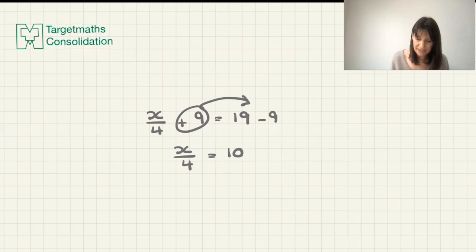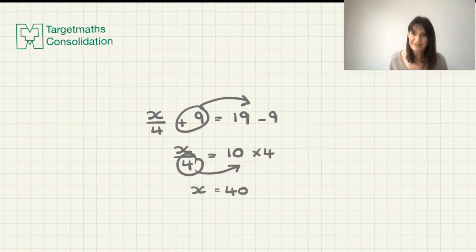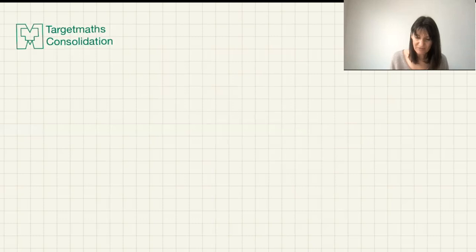Now my divide by 4 will move, landing as a times by 4. And I've got x equals 40. So remembering to land with the opposite sign, really, really important.